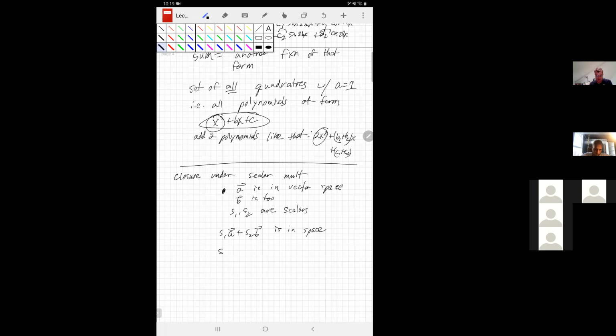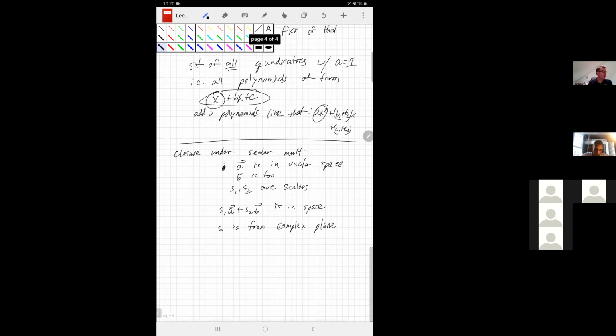We will usually say that S is from the complex plane. There are cases where S is some other type of scalar. We're not going to deal with those.